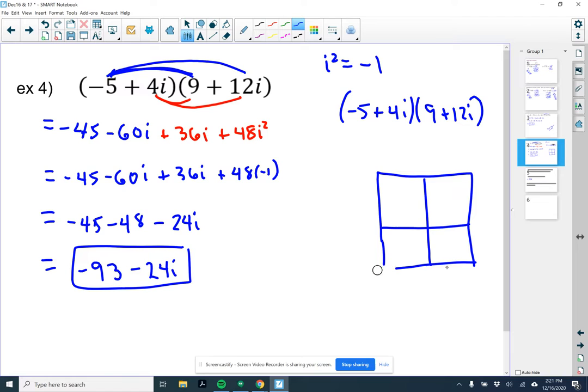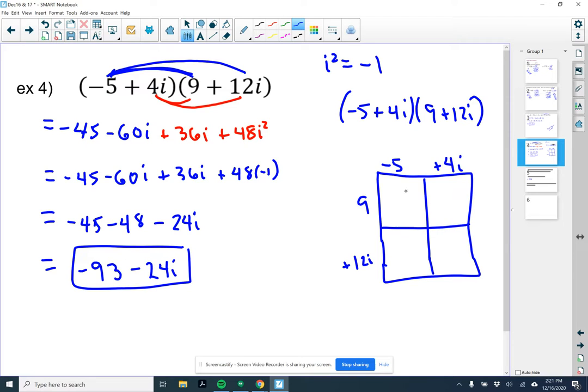As we create the table, the box. So the box method, -5 plus 4i. If you want to put a positive in front of that, you can. Doesn't need to be. And then 9 plus 12i. Again, if you want to put a plus sign in front, you're welcome to.